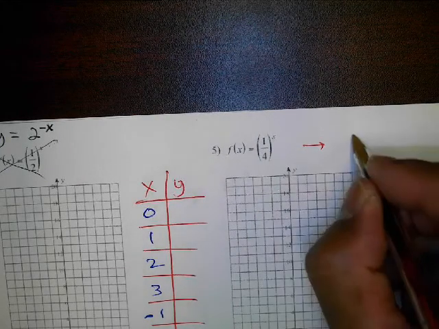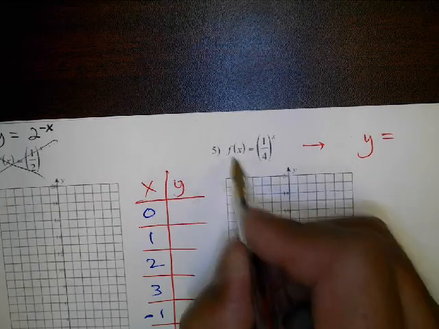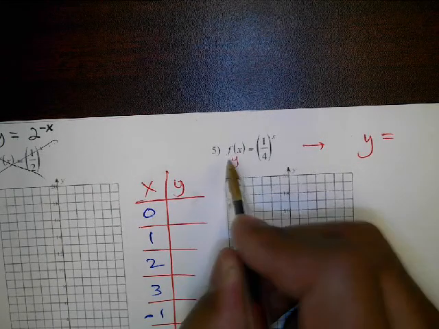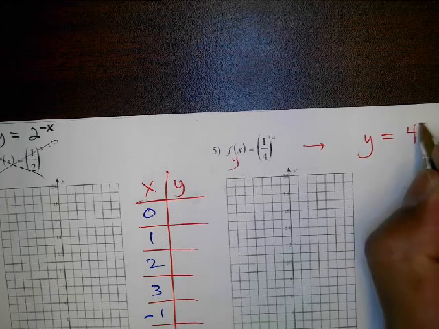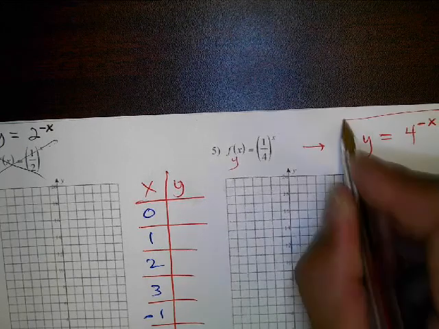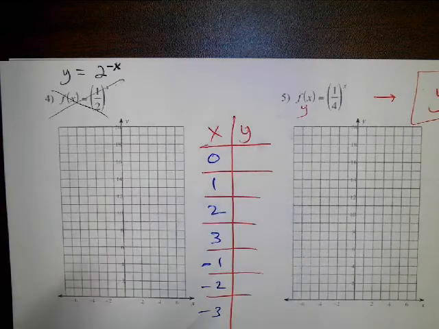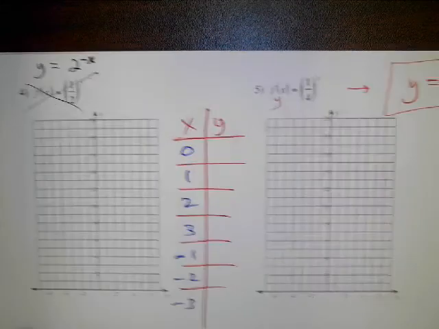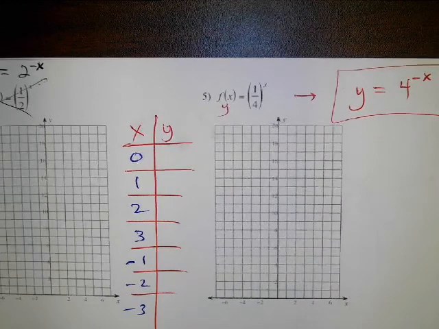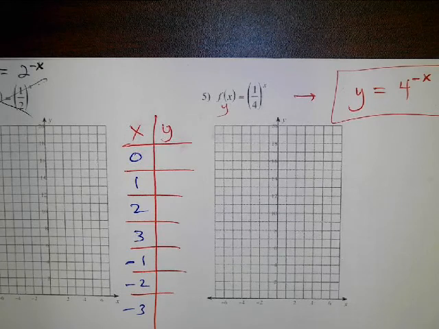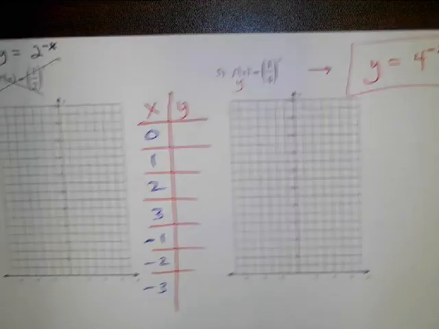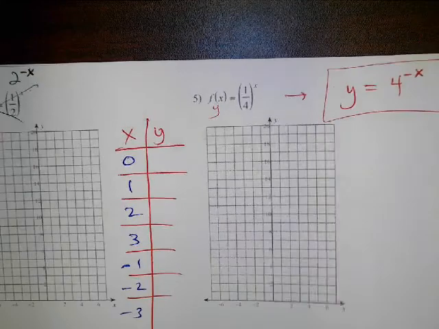Well, when you move that 4 to the power of 1 up, that'll be 4 to the negative 1. So this one's going to be y is equal to 4 to the power of negative x. That's the one you're going to be using. You're going to make a table of solutions, plot the points, however it's going to look, and then sketch the curve out. That's it. That's the work for these.